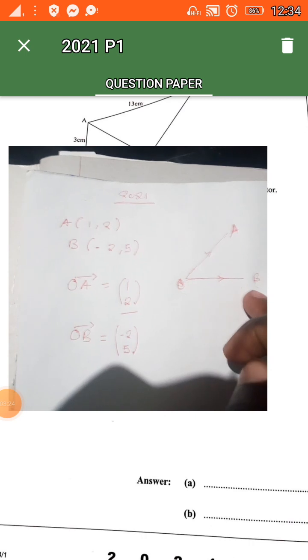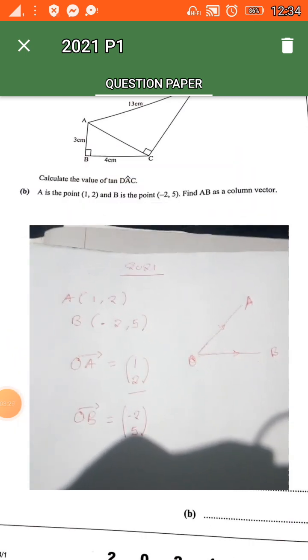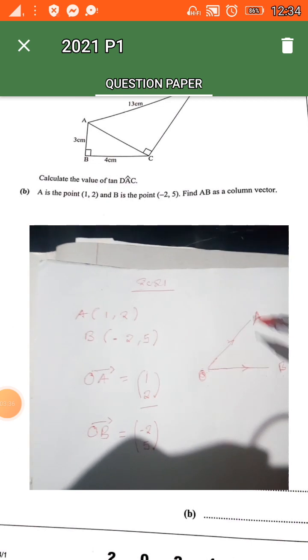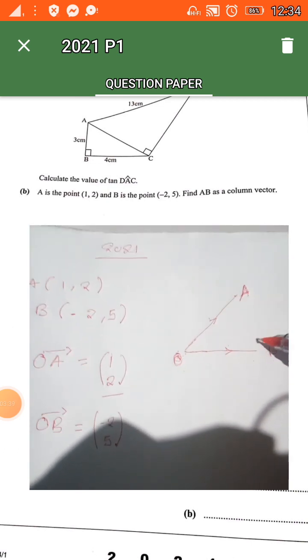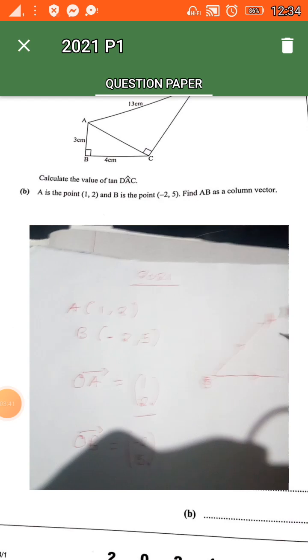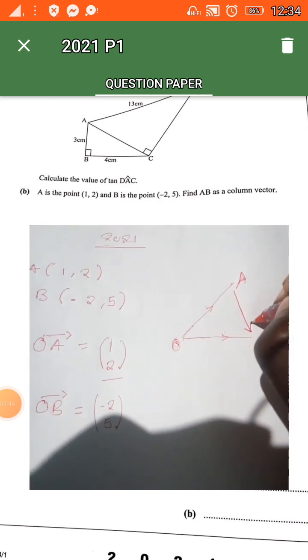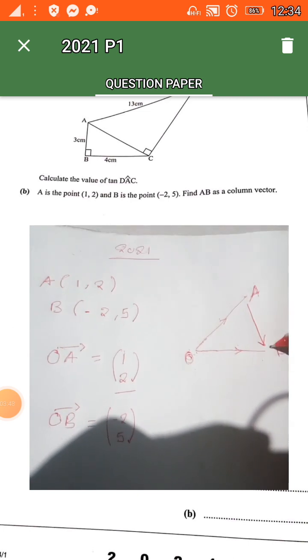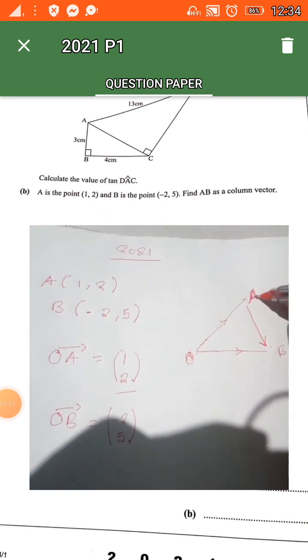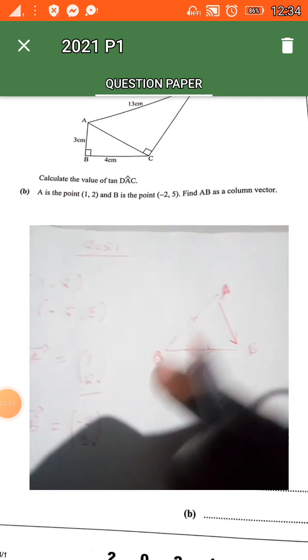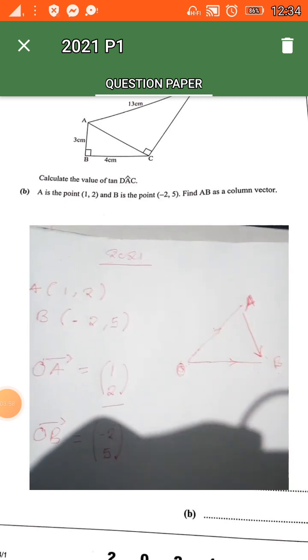The question is saying find the column vector AB. So AB is moving from A going to B. The starting point is A going to B. Now we have the column vector for OA and OB, but for AB we don't have it.